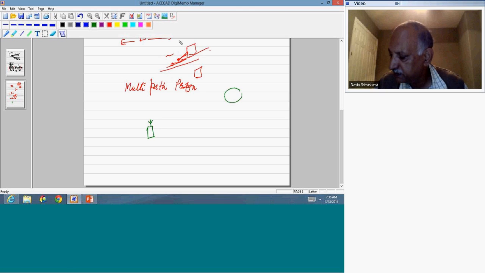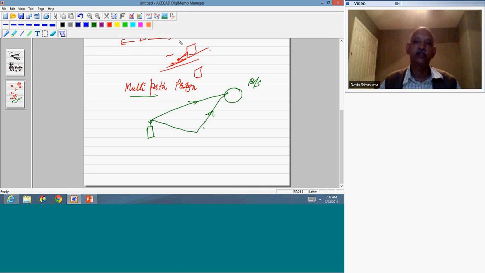You might get one transmission which is going direct, and you might get another one which is reflected and reaches over here. So you are having two copies of the same signal or the same information. That is known as multi-path propagation. That is when you are having more than one copy of the information or the signal. So that means multi, or more than one.